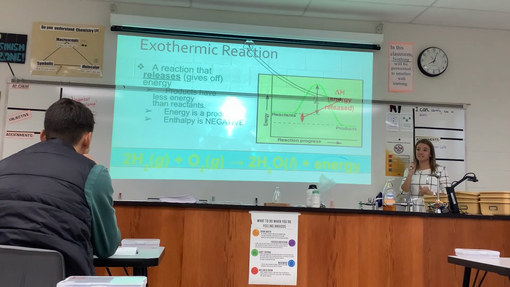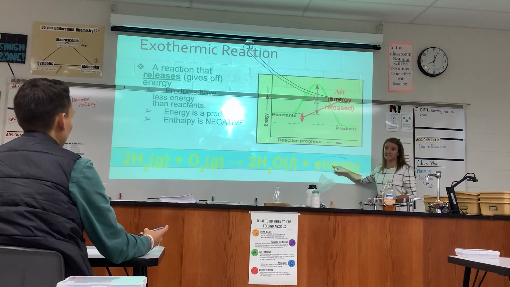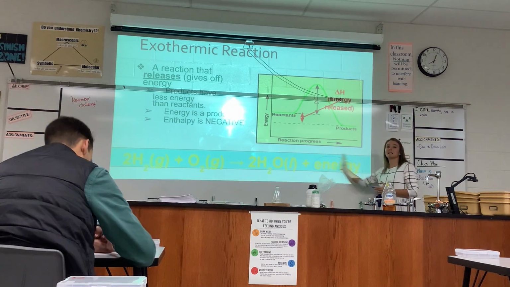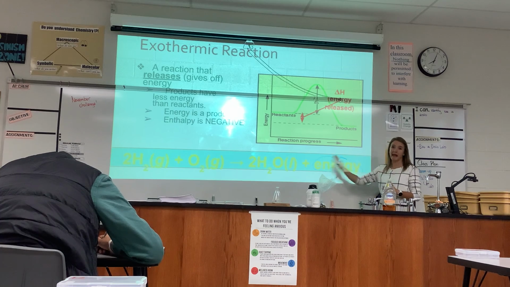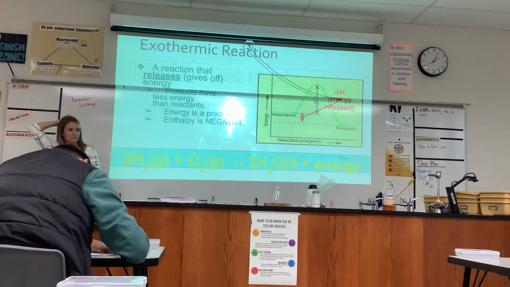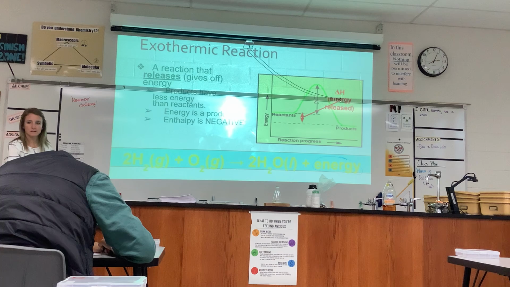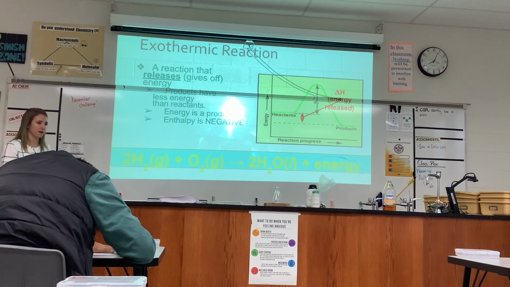Where the energy is positioned tells you if it's endo or exo. Exothermic energy is always a product. So it's always going to be after the arrow, it's coming out. Yeah, so write that little example in that box there at the bottom.